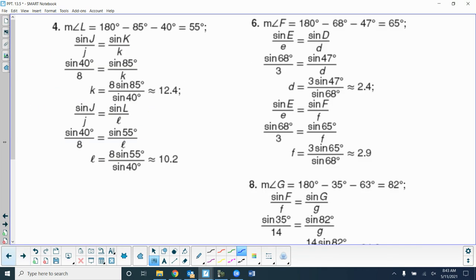Number 4. 55 degrees. K was 12.4 and L was 10.2. Any questions? Number 6. Angle F was 65 degrees. Side D was 2.4 and side F was 2.9.